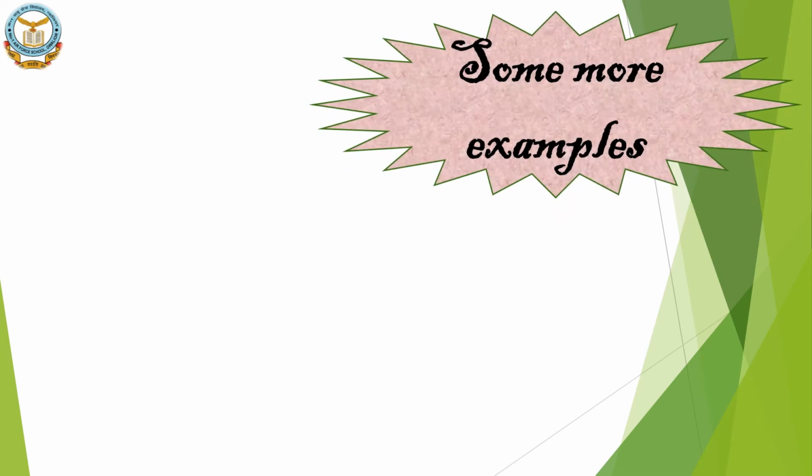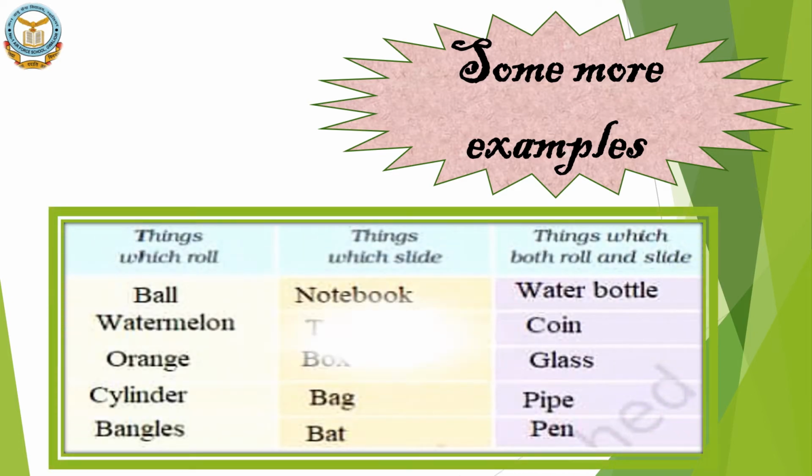So to conclude this concept of movement, here are some more examples of things which can roll, things which can slide and things which can both roll and slide. Let's see the things which can roll like ball, watermelon, orange, cylinder, bangles.